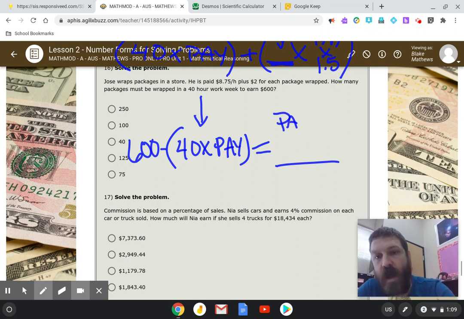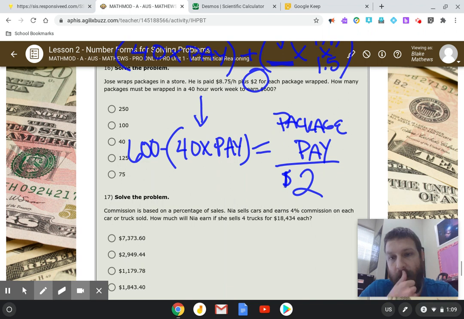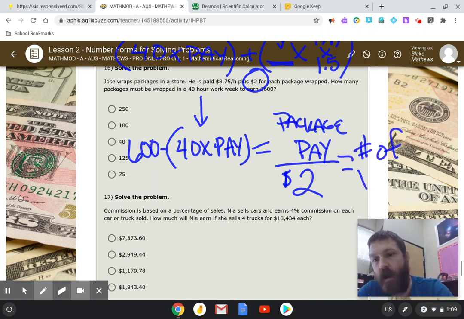This is what we'll call the package pay. Once you get the package pay, divide it by $2 because you get $2 per package. So that will tell you the number of packages.